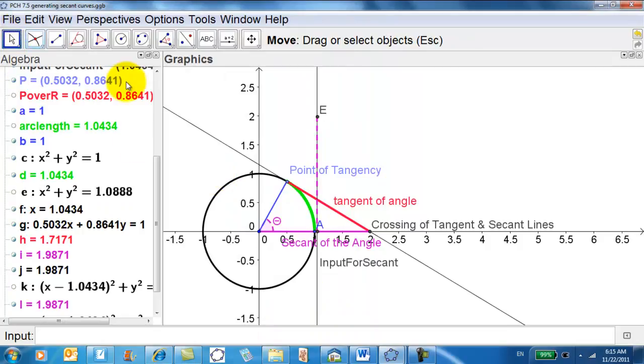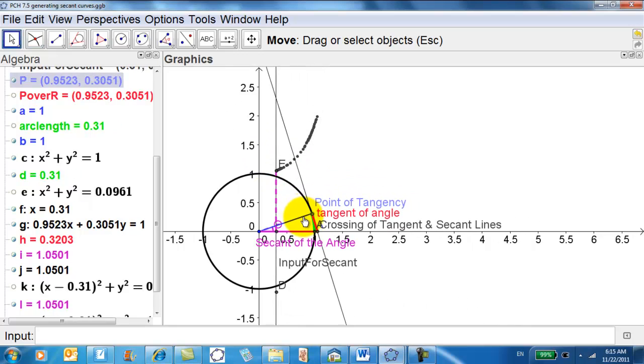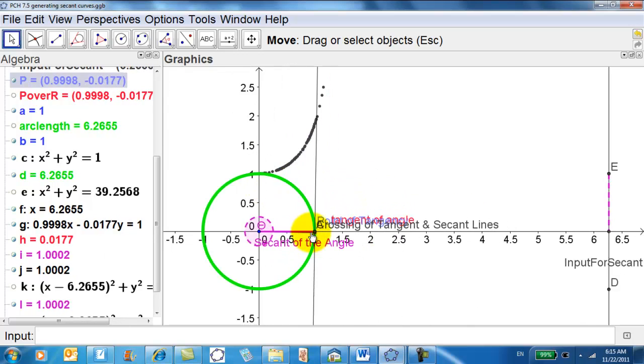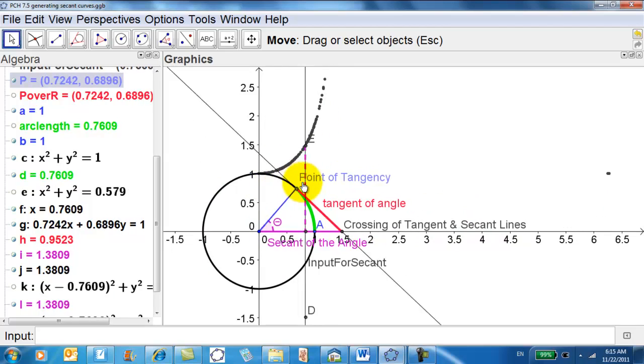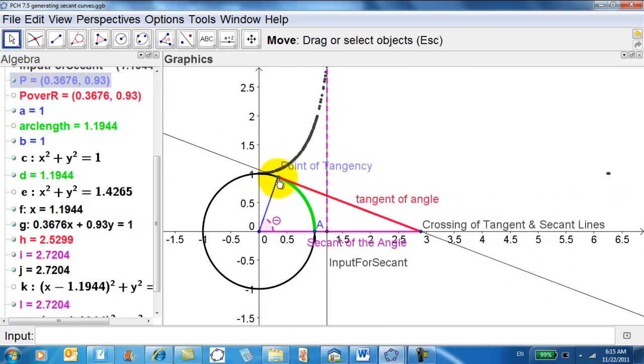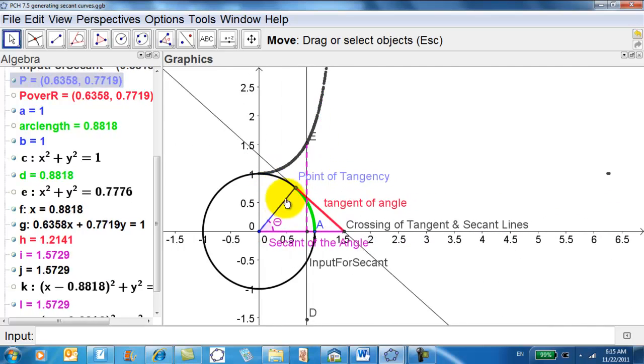And let's see what happens as we start changing the angles. Well, see, unlike the tangent, we're not going to come down to 0, we come down to 1. Right? But then, like the tangent, we have that same asymptote there at 90 degrees, at pi over 2 radians. And there's the secant.